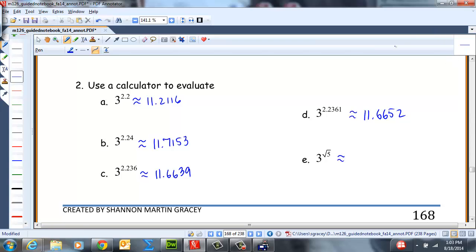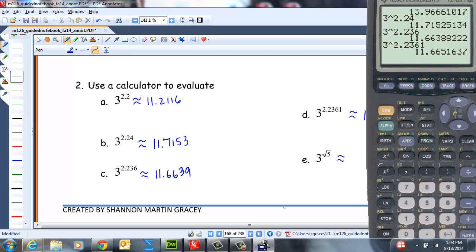And here we go, this last one. Just so you recognize, in the first numbers we were raising 3 to rational numbers.